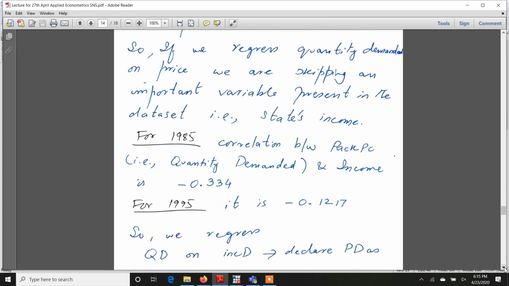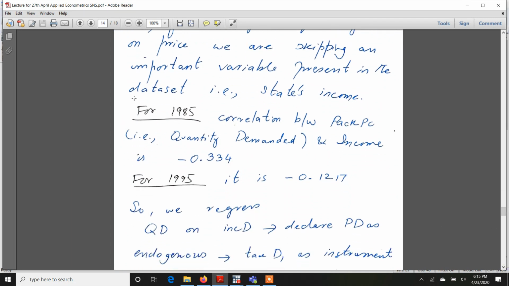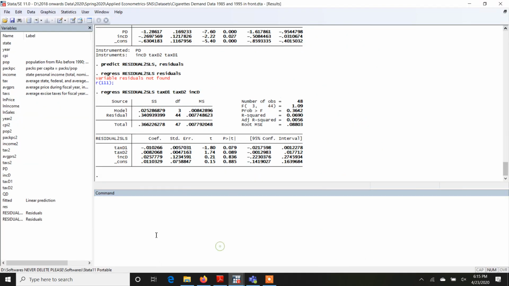Okay. So just before I run the actual model, if you calculate the correlation between the demand for cigarettes and income for the year 1985, the answer will be minus 0.334. And how can you do that? That's actually very simple. So you correlate PAC PC with price, which was AVG PRS, average price.